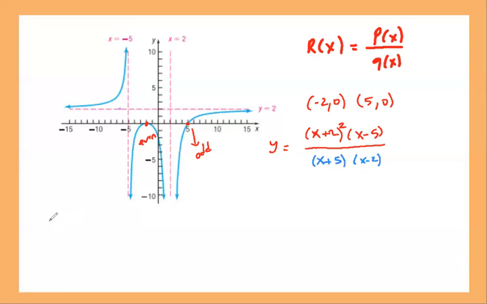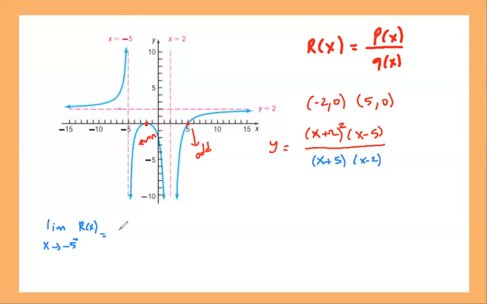If you want to name it, we can take the limit as x approaches -5 from the left side. We use this minus on top of the 5, meaning that we are approaching -5 from the left side. And this is r of x. So if you approach -5 from the left side, your y value is getting bigger and bigger.